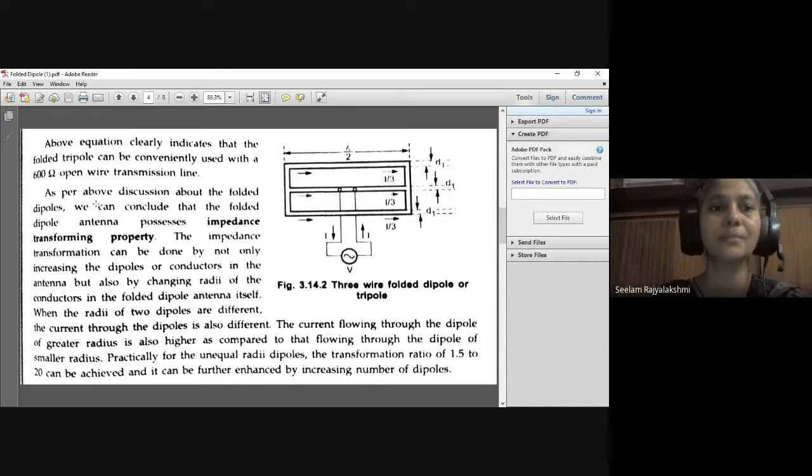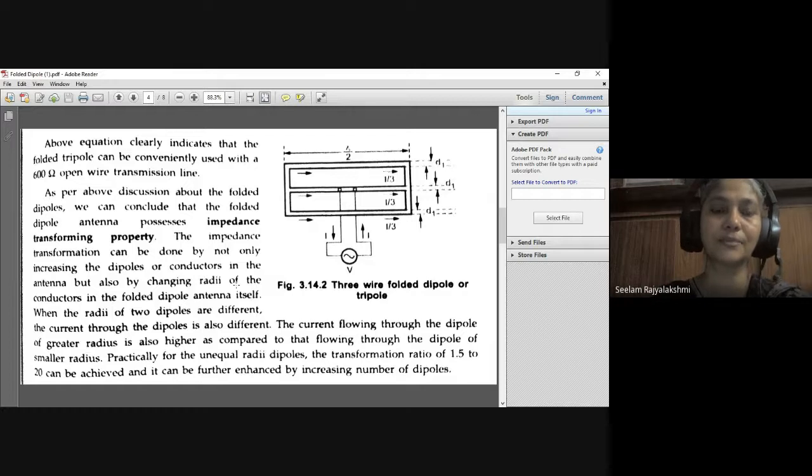As per the above discussion about the folded dipoles, we can conclude that the folded dipole antenna possesses an impedance transforming property. Impedance transformation can be done not only by increasing the dipoles or conductors in the antenna, but also by changing the radii.